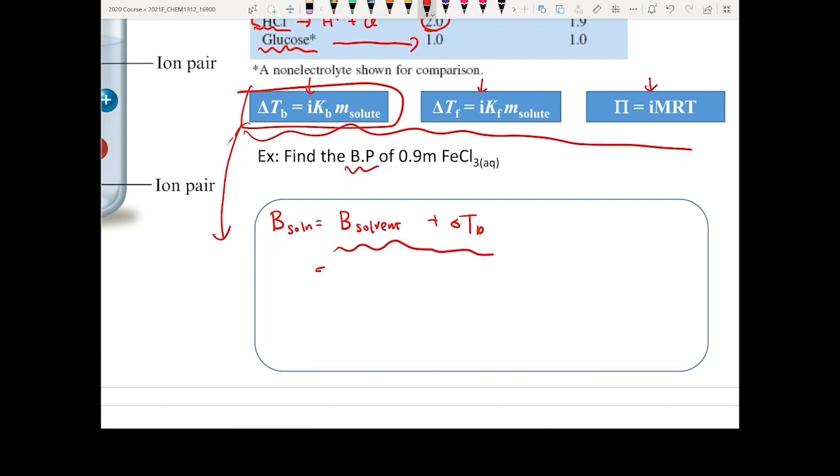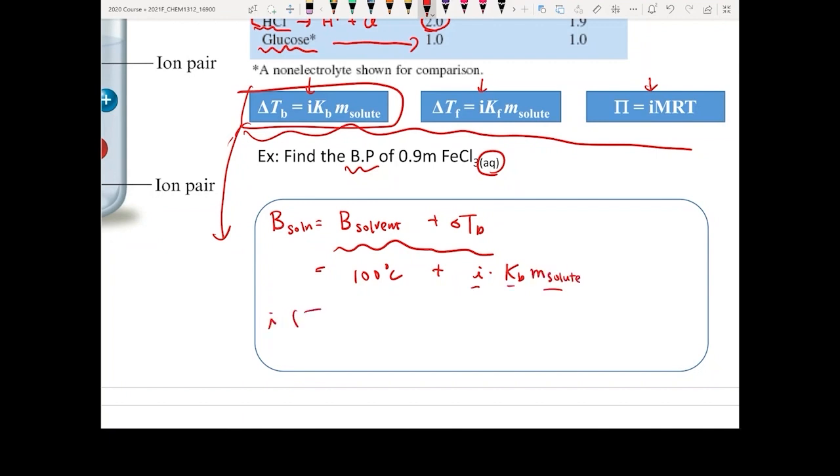So what is your solvent? How do you know it's water? Aqueous, so it's water. The boiling point of water is 100 degrees C, right? How do you calculate your delta TB? We know it's i times your Kb times the concentration of your solute, right?